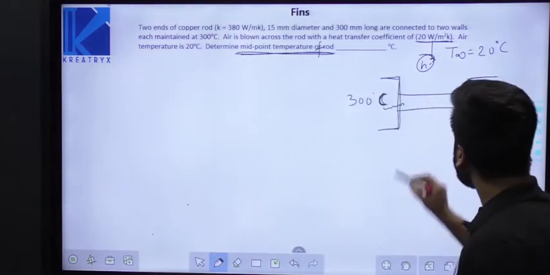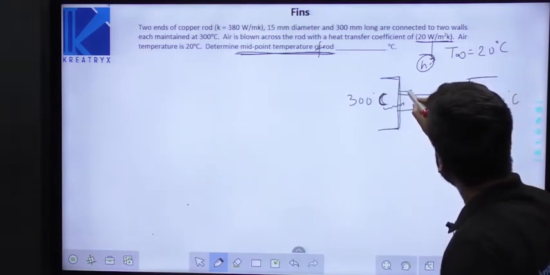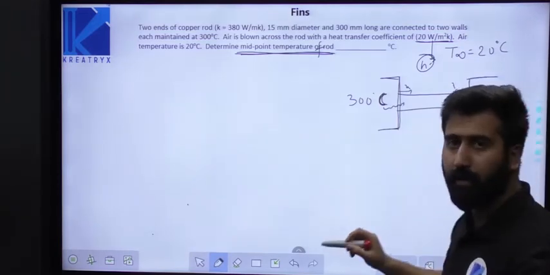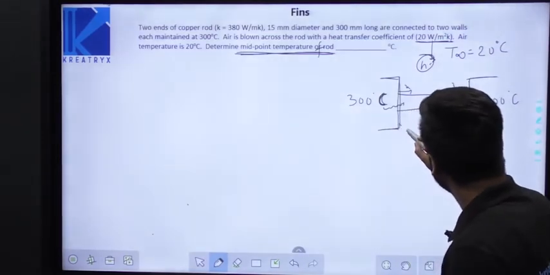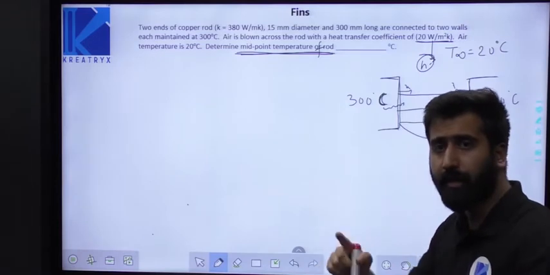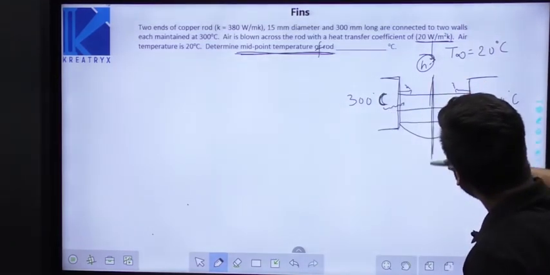So the temperature here and here are the same at a distance x. If you construct the temperature profile, it will be somewhat like this: at the midpoint the temperature will be lowest.